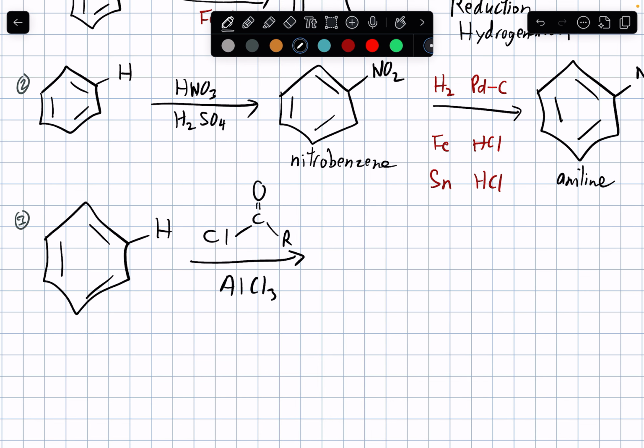Later on, we can convert this ketone, I think it's also by reduction. You convert it to produce what? Let me check my notes. That's one of the reactions that we'll talk about later.